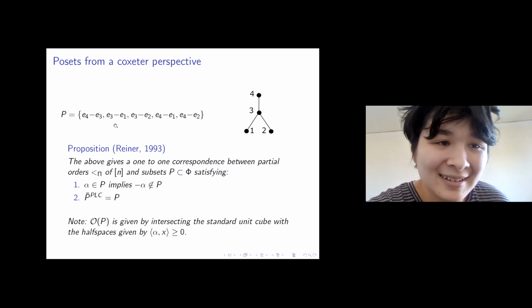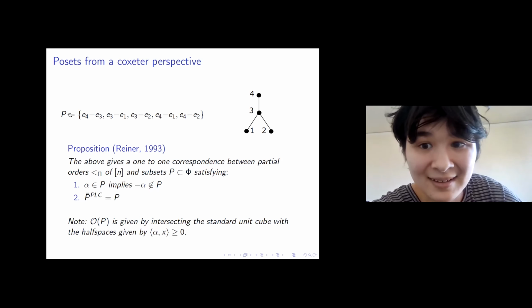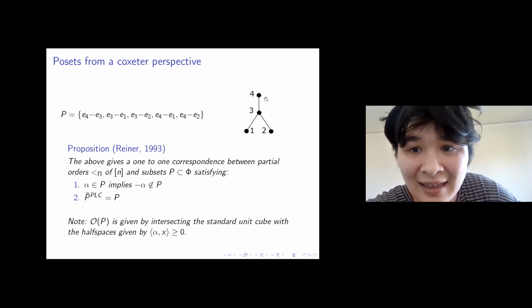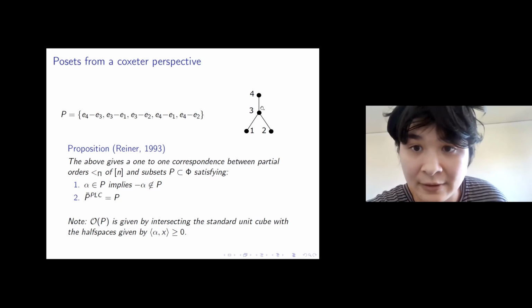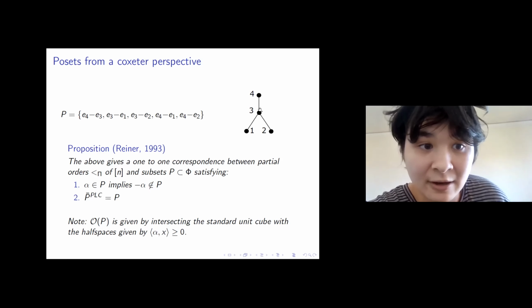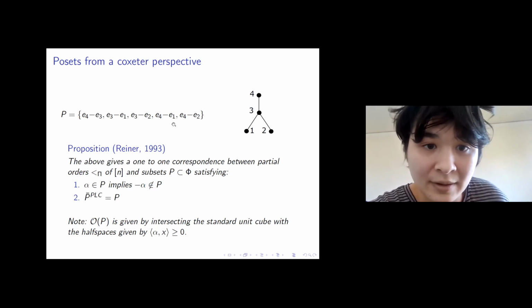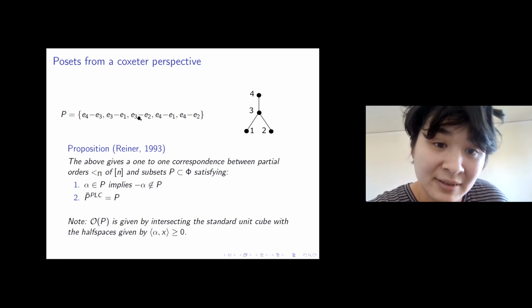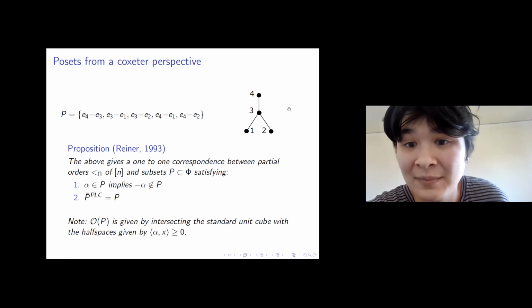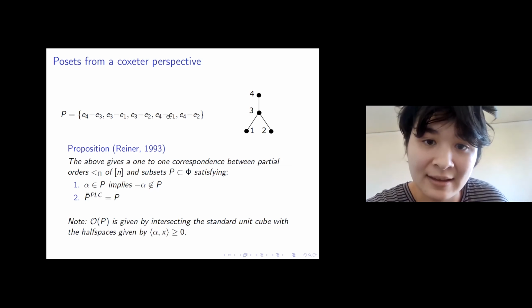So I'm going to explain how this one-to-one correspondence works. We have this poset here, and from each of the relations here, we're going to come up with a root. Since 4 is above 3, we're going to put e4 minus e3 in there. Since 3 is above 1, we're going to put e3 minus e1 in there. And since 3 is above 2, we're going to put e3 minus e2 in there. But those were just the relations that show up in this diagram. 4 is also above 1, so we put e4 minus e1.